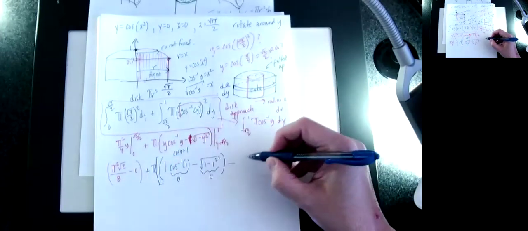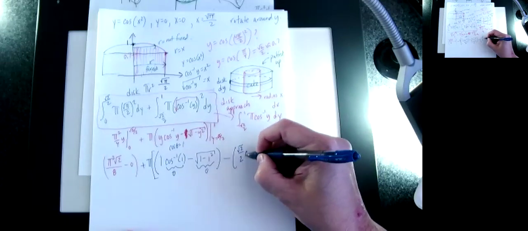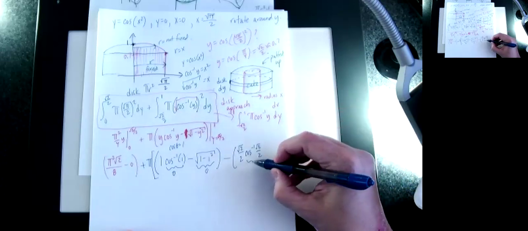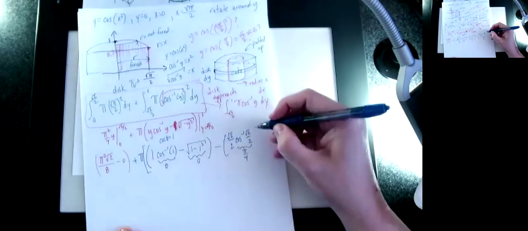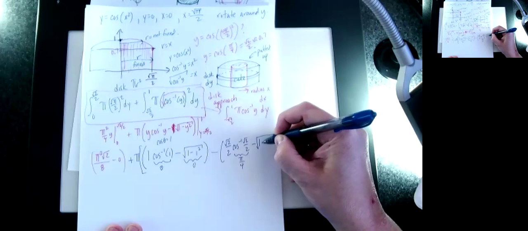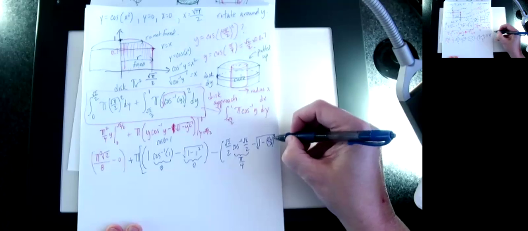And then we do the square root of 2 over 2, 1. That's at pi over 4, right? Minus square root of 1 minus square root of 2 over 2 squared.